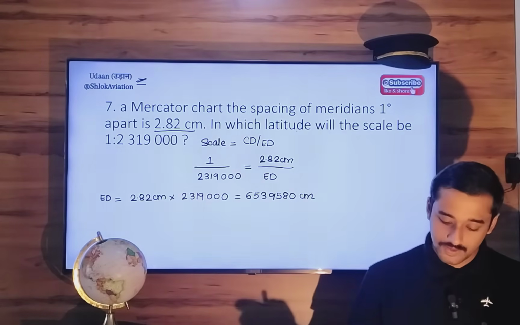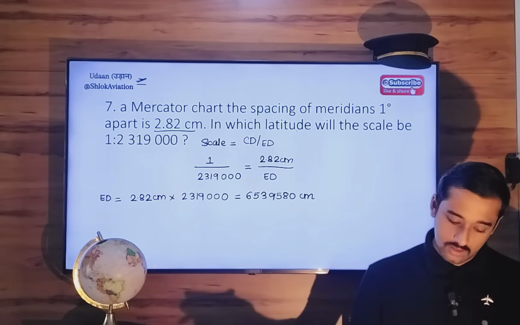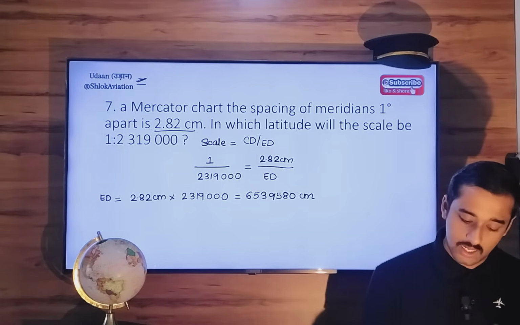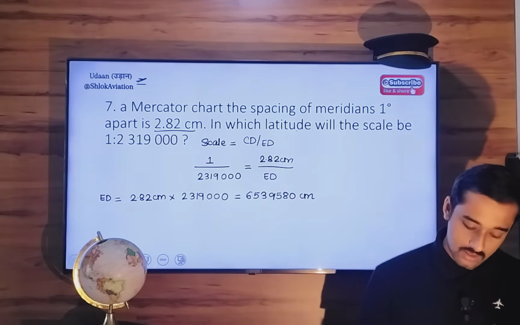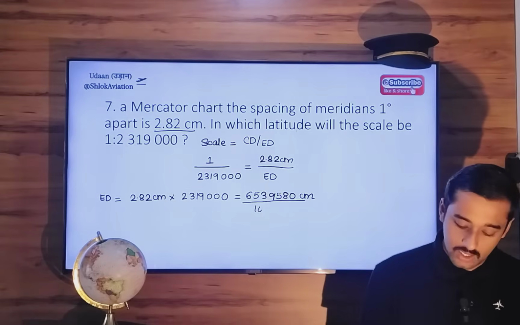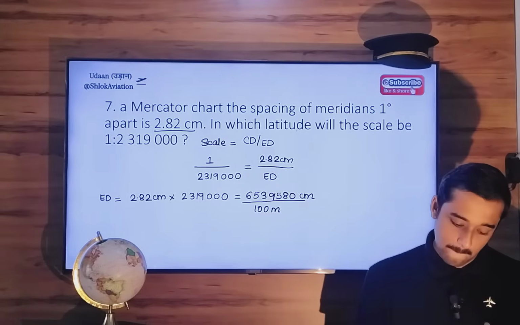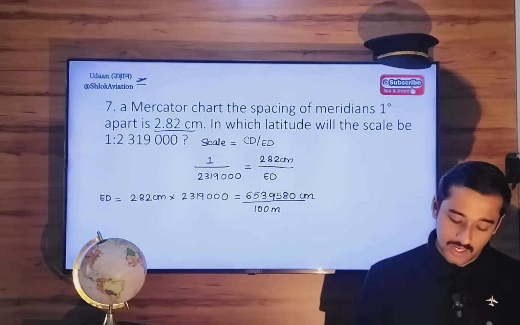How will you do that? So 1 meter is 100 centimeter. Okay, so divide this by 100, you get meters.